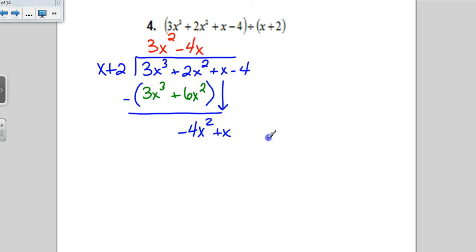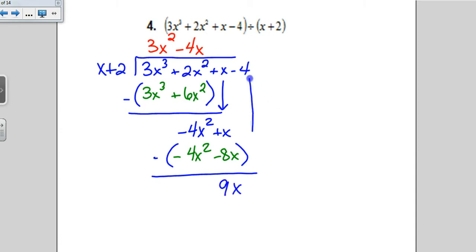When I multiply negative 4x times x plus 2, I get a negative 4x squared and then a minus 8x. You're going to notice that if you do this and the first term doesn't cancel when you subtract, you did something kind of goofy. So you'd go back and fix that. So the negative 4x squared and the 4x squared will cancel. x minus a negative 8x would be x plus 8x, which is 9x. Then we still have this negative 4 to bring down.